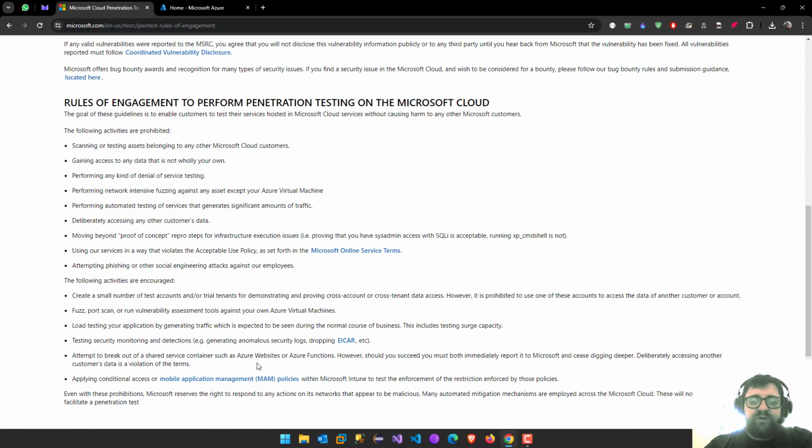However, should you succeed, you must both immediately report it to Microsoft and cease digging deeper. It means that you cannot go forward. Deliberately accessing another customer's data is a violation of the terms. And then, applying conditional access or mobile application management policies within Microsoft Intune to test the enforcement of the restrictions enforced by those policies.